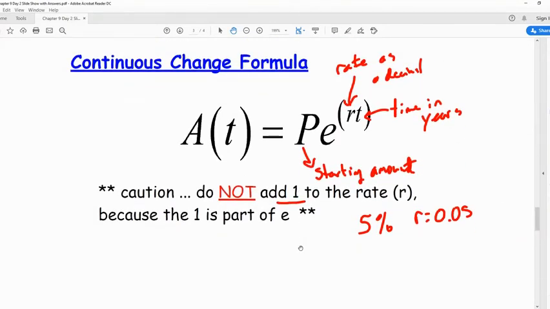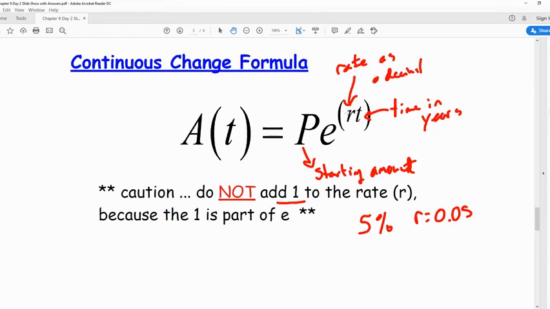All right, so instead of using that formula from before, now we have what's called our continuous change formula. So we have A of t equals P e to the rt. t is our time, A is the amount that I have after t years, P is the starting amount, so that's our principal amount, e is our number e now, and r is the rate as a decimal. Don't be confused by this.